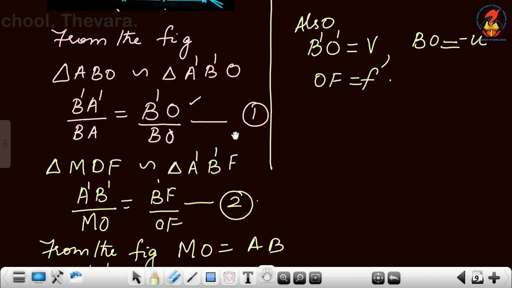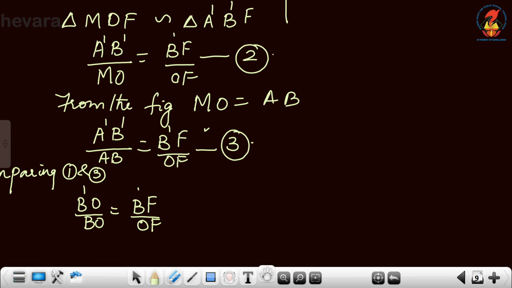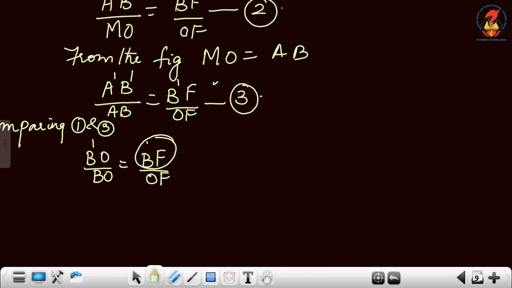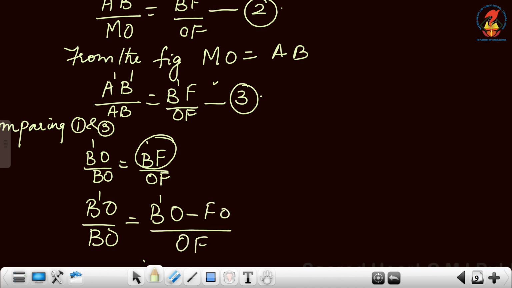So our equation becomes, with B dash F, I am going to write B dash F is equal to B dash O minus FO, divided by OF, or FO.